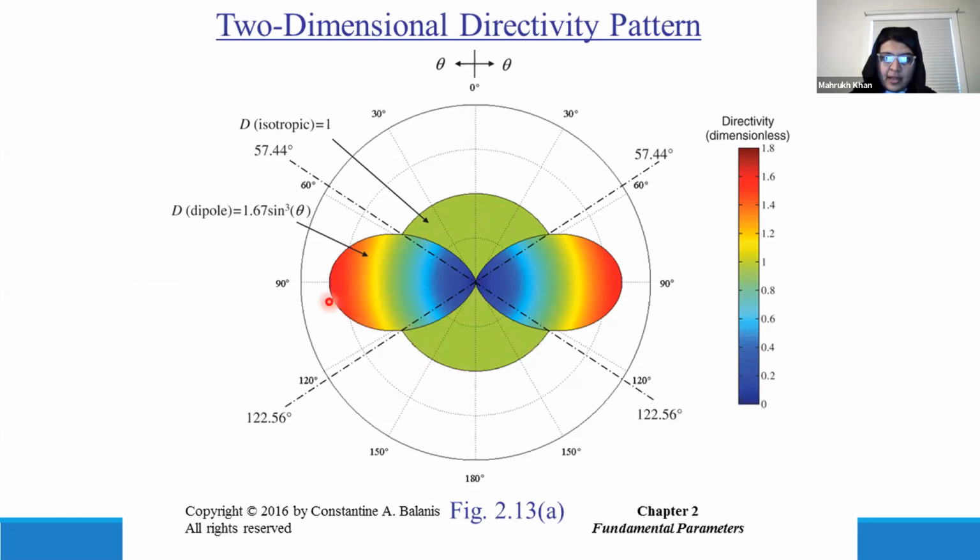And this is your non-isotropic radiator, which has directivity equals to 1.67 sine cube theta. It's even more directive and even thinner than the previous two, like 1.27 and 1.5, right? And what do you think is the maximum point of this one? At what angle?